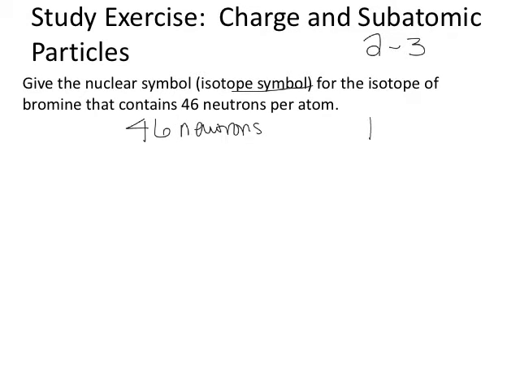So we're talking about bromine, and you need to know that the chemical symbol for the element is Br. When you look at the periodic table, you can see that bromine has 35 protons.